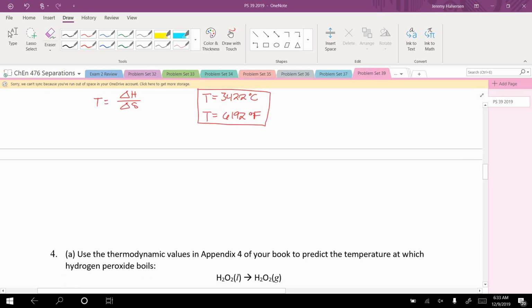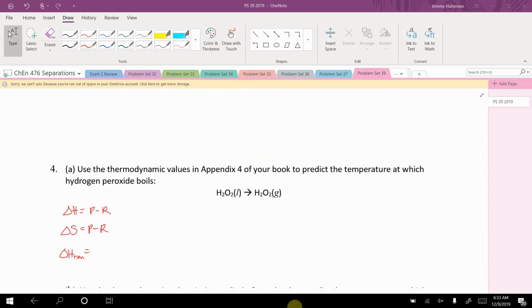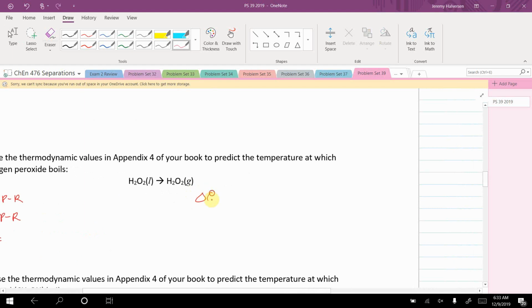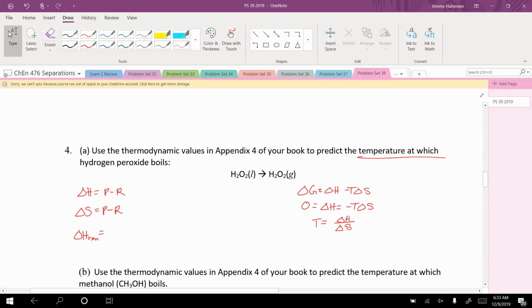Eventually we're going to say delta G equals delta H minus T delta S. The temperature at which it boils is when delta G is equal to 0. We can rearrange to T equals delta H over delta S. So that's why we're trying to find delta H and delta S of the reaction.